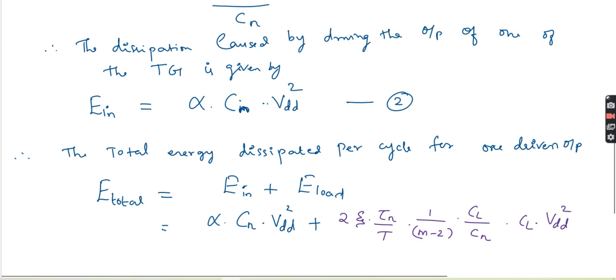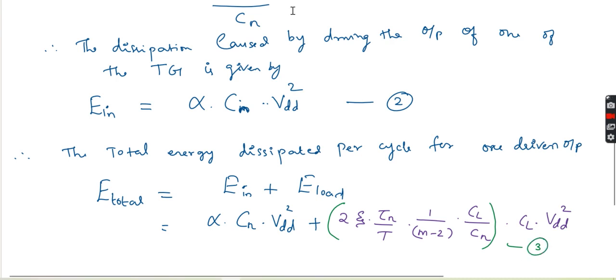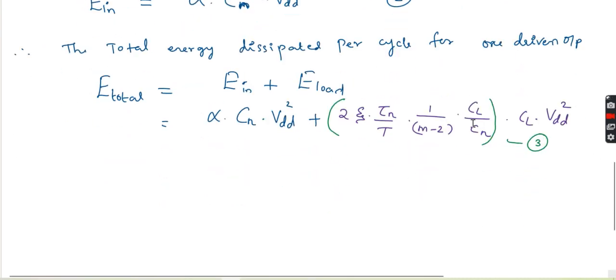So I hope you remember this. This was already written. It will be like this. Okay. So this is equation number 3. This is the expression in which we considered the load in terms of VDD actually.